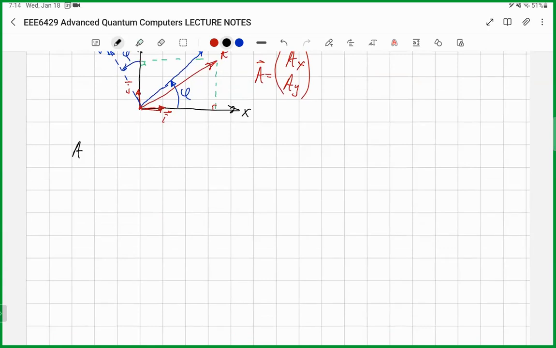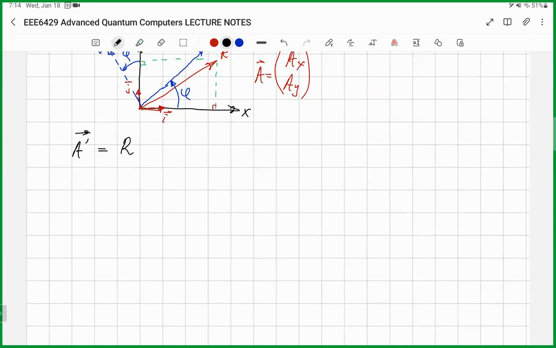So let's write this way. A prime is basically the same vector, but the components of the vector will be different in the new primed coordinate system. So this transformation is represented by a matrix R in the operator form.